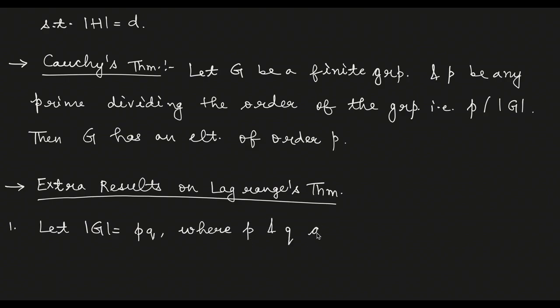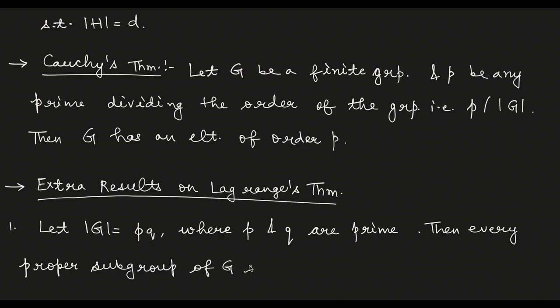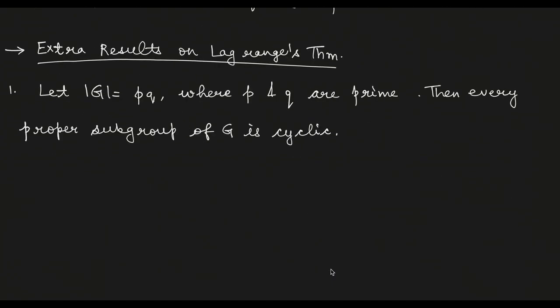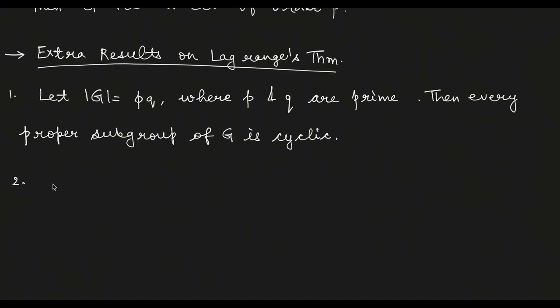Then every proper subgroup of G is cyclic. Second, U(n), where n is greater than 2, is of even order.